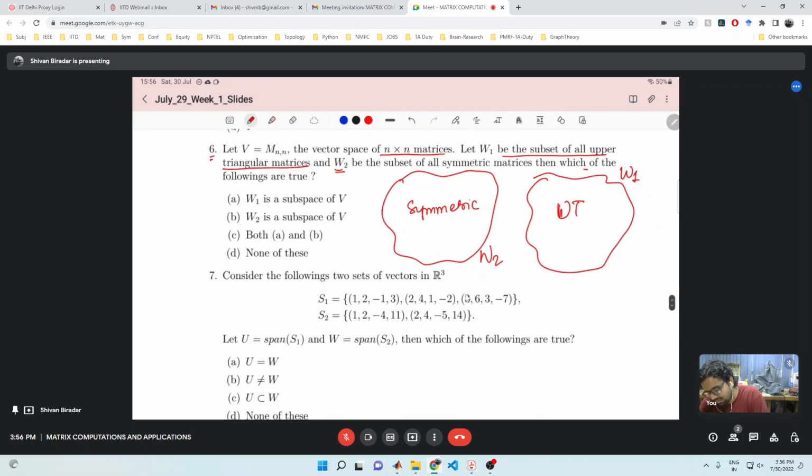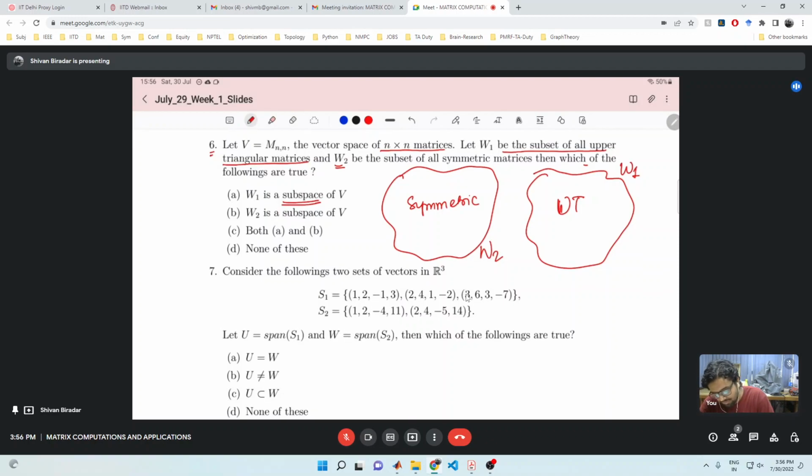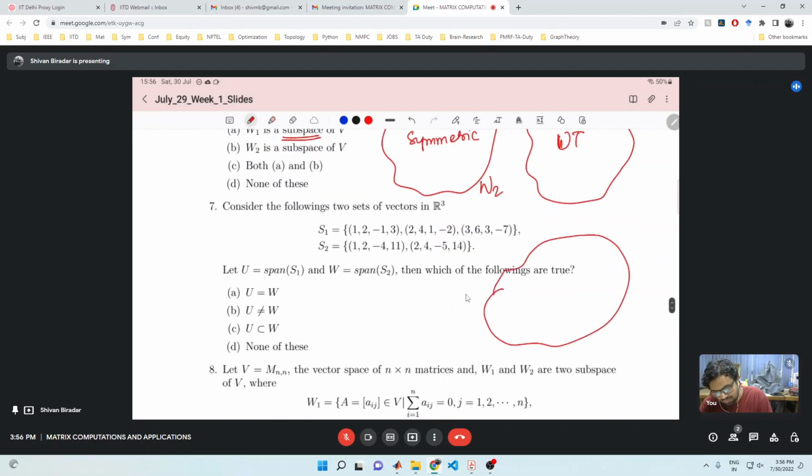So what is a subspace actually? Let us consider a vector space V. You have a small subset of this vector space, and let us say it follows some properties: closure under addition, closure under multiplication, and this subspace has the 0 element.